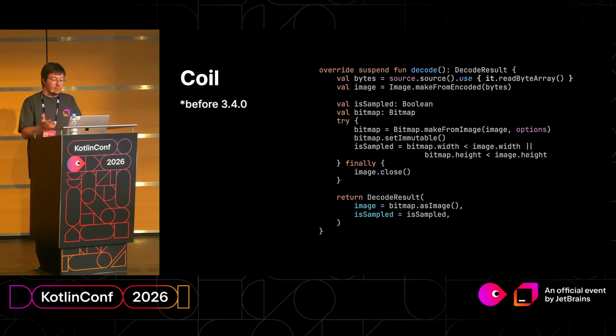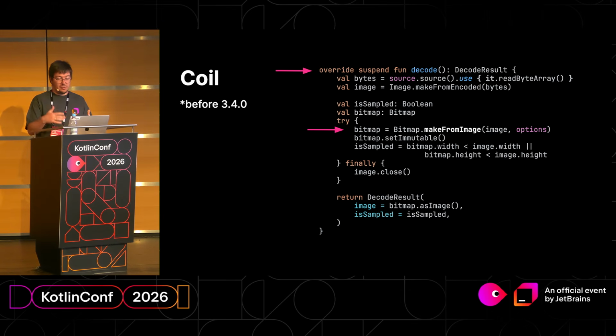Somewhere in Coil, in the version before 3.4, there was a method decode image. The method gets the bytes of the image file and converts it to a Skia bitmap to render on the screen. Right? Here is the method which processes your files to the bitmap, and this is quite a heavy method, right?